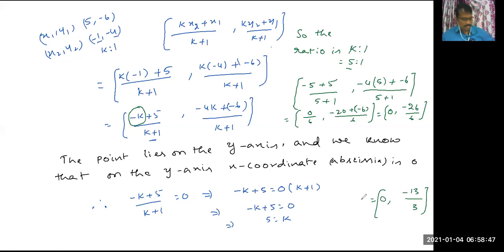So this is the answer. Also find the point of intersection. The point of intersection is 0 comma minus 13 by 3.